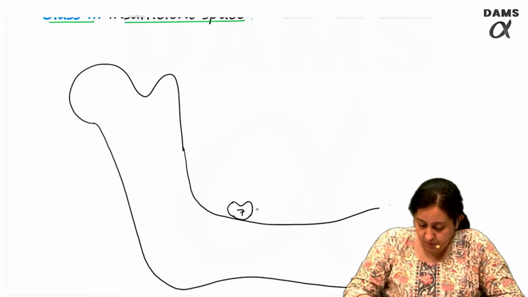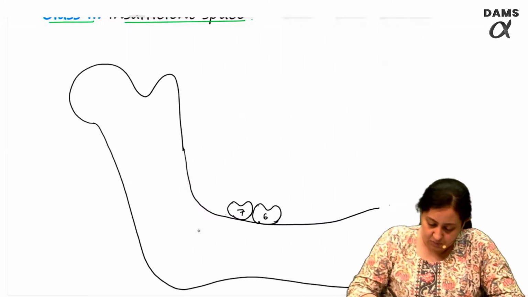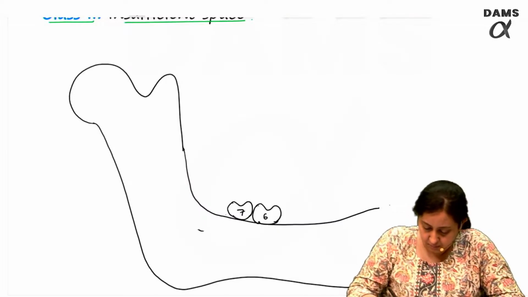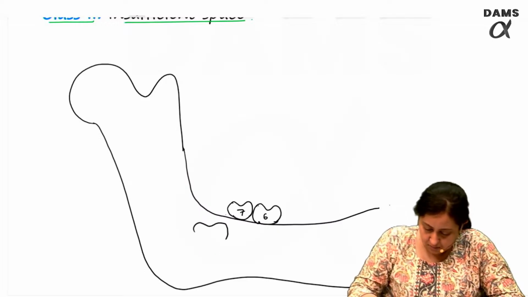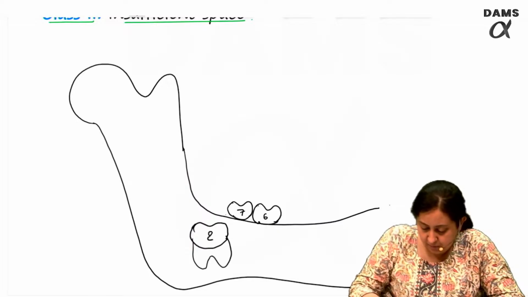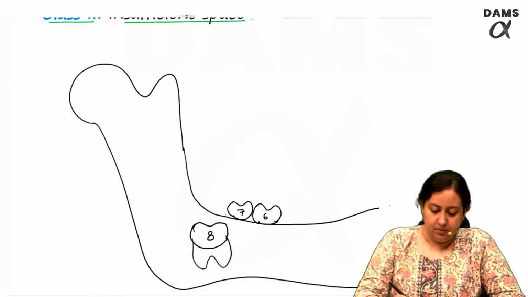This is your 7. This is your 6. Suppose we have a bulbous third molar.